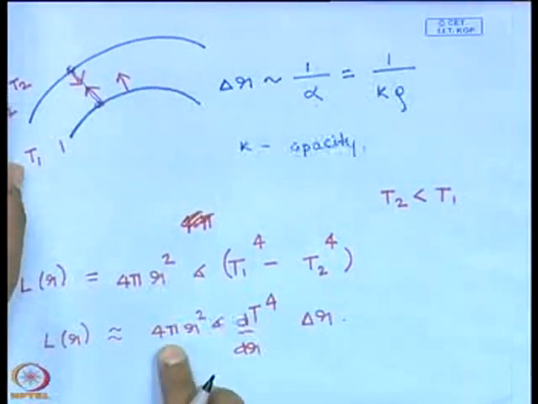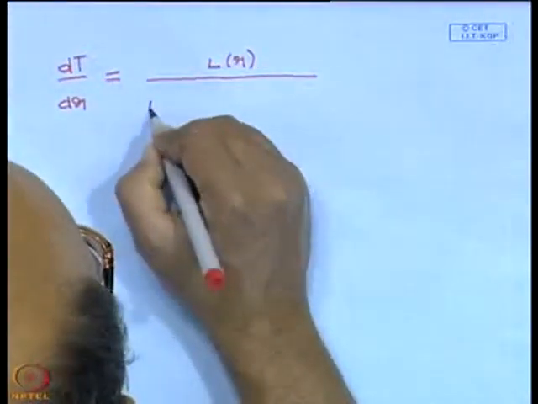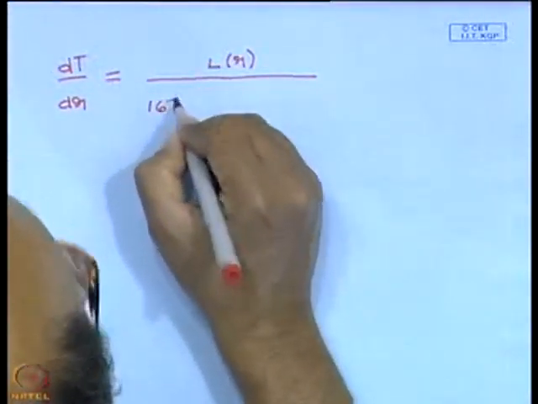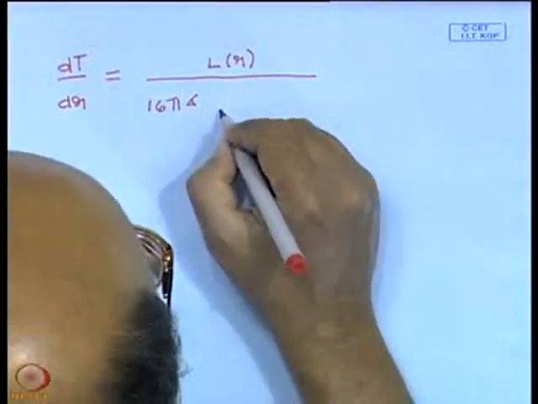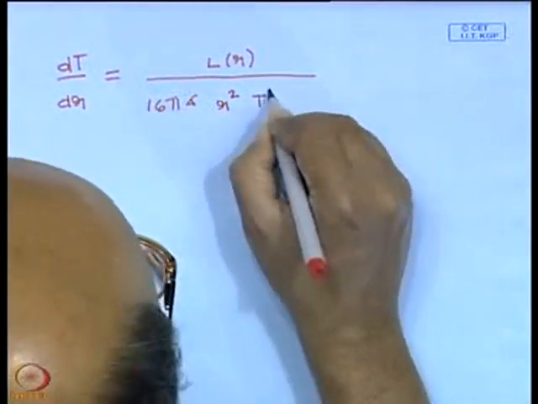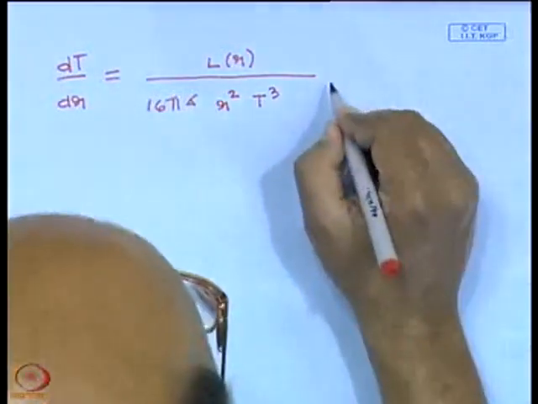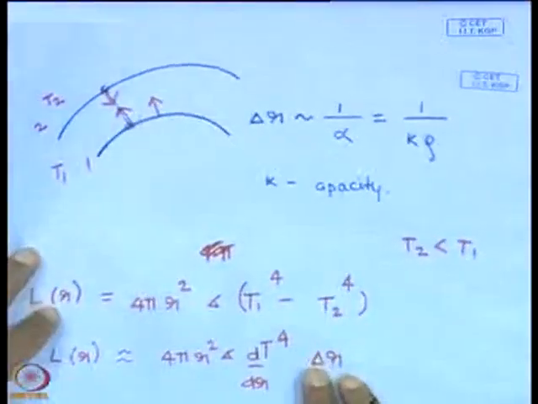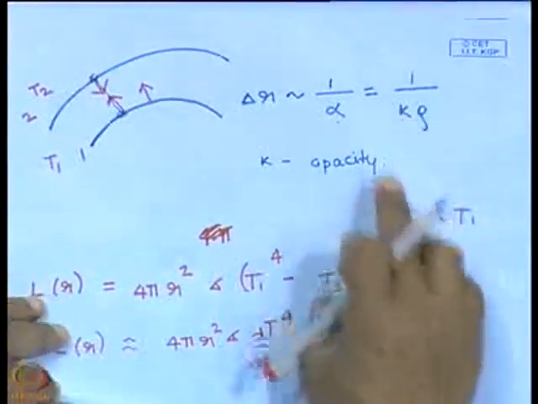So I will have 16 pi sigma r square T cube, and then I have 1 by delta r, and delta r we know is the mean free path, which is 1 by kappa rho.